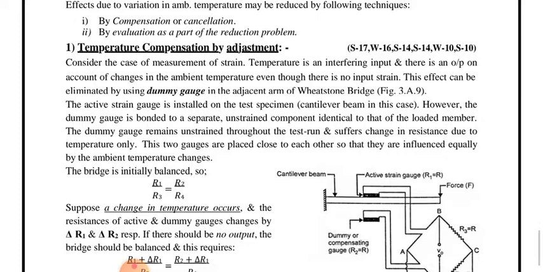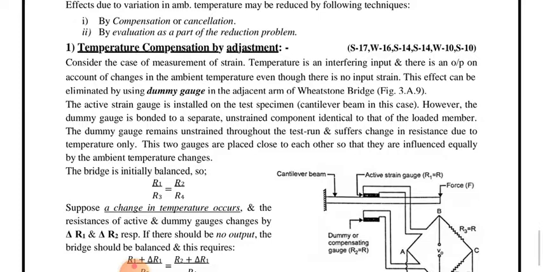The active strain gauge is installed on the test specimen. Active strain gauge means R1, which is on the upper surface of the cantilever beam. However, the dummy gauge is bonded to a separate unstrained component identical to the load member. The load member is identical to the cantilever beam, and it is connected to the unstrained component, so no strain occurs.